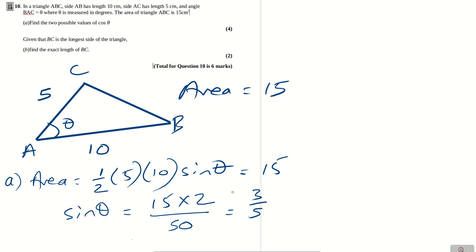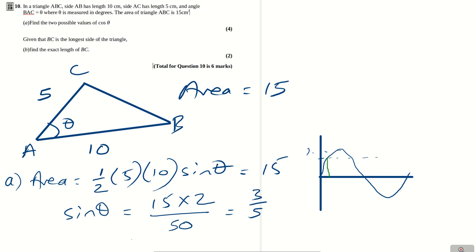And because the sine graph looks like that, and that's 1 there, so 3/5 is going to be about here, you should be able to see that there are going to be two possible angles.